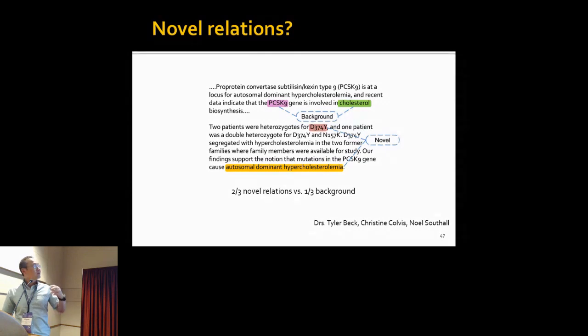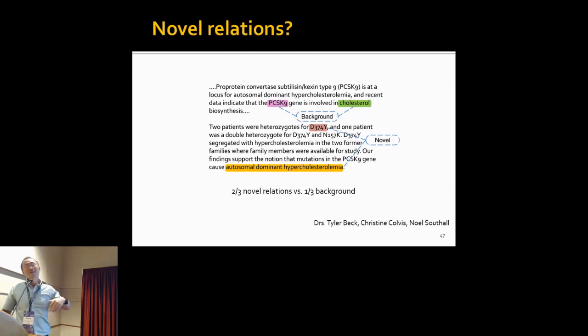This is very novel by itself, because a lot of the relations have been repeatedly mentioned and asserted in the literature as background information. In this case, the relationship between PCSK9 and cholesterol is background information, a background relation. The novel one is the mutation and the disease.